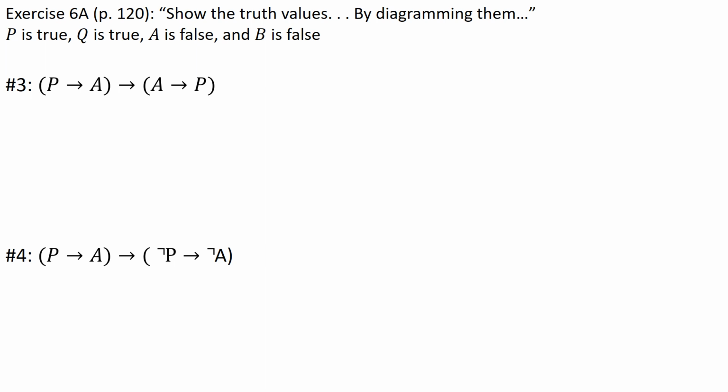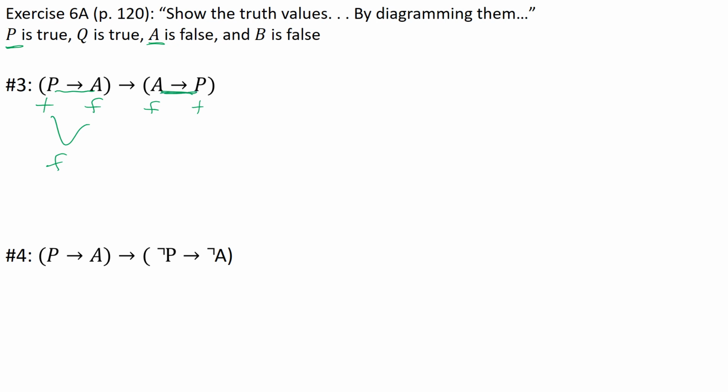Let's work on number three. What is the truth value of that molecular sentence? We know that P is true. We know that A is false, P is true. So we'll work on this subset molecular sentence, so to speak. So the consequent is false, but the antecedent is true, so that is a false conditional.